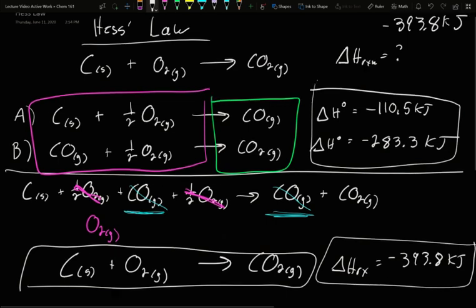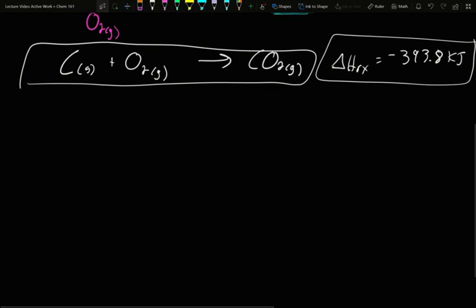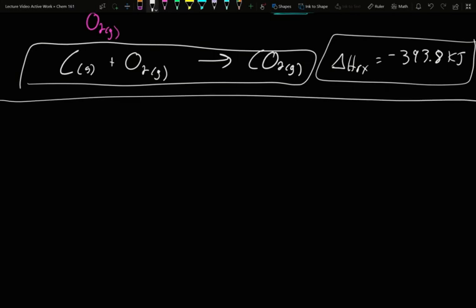What this really is, is treating balanced reactions as reaction equations, as algebra. Equivalent examples here would be x plus 1/2 y equals z, and z plus 1/2 y equals q.